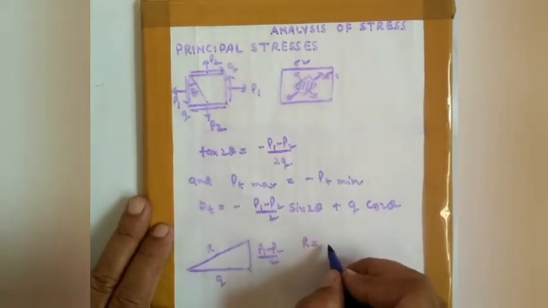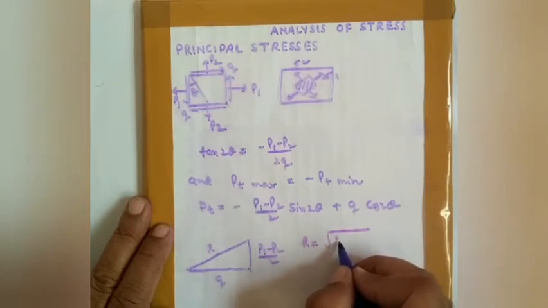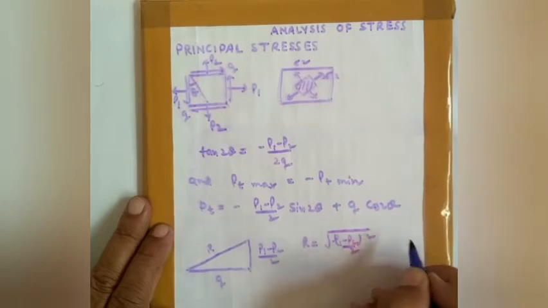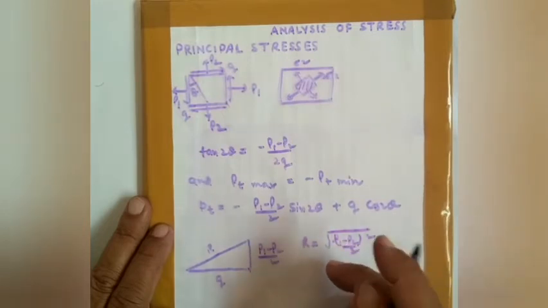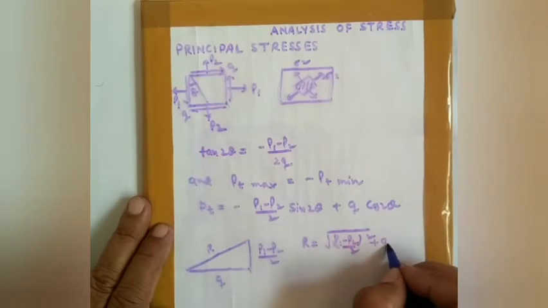So r will be equal to root of ((p1 minus p2) by 2) whole square. So minus sign is unimportant here, plus q square.